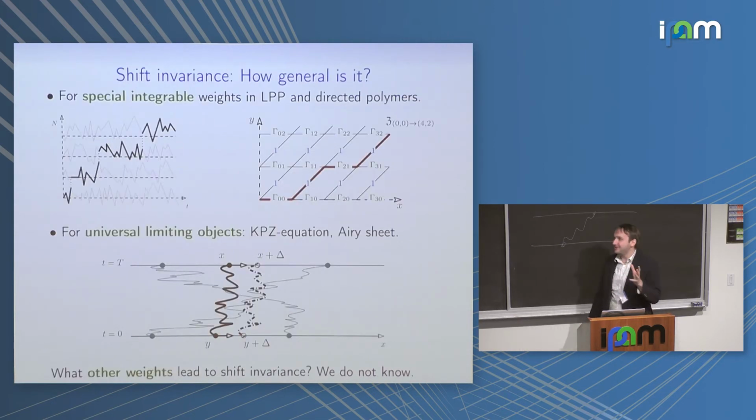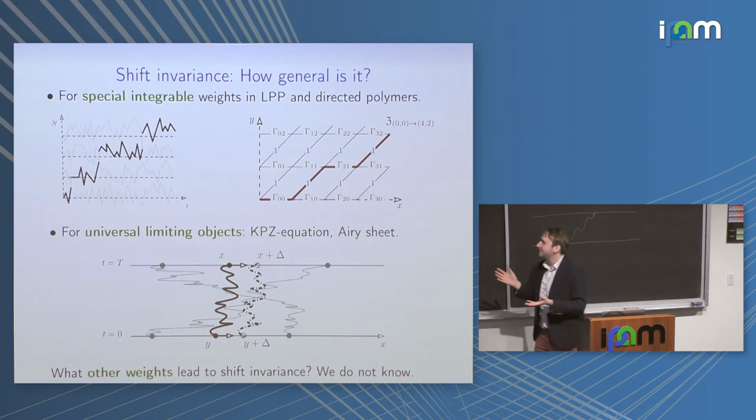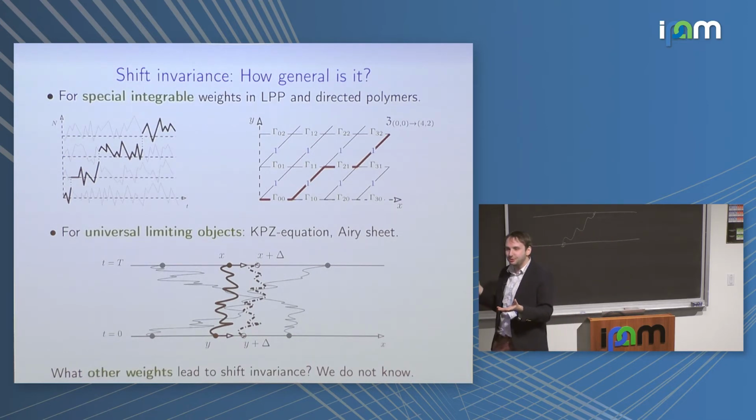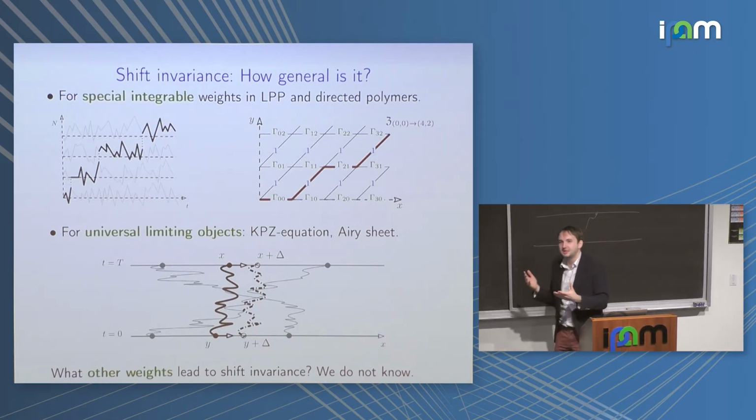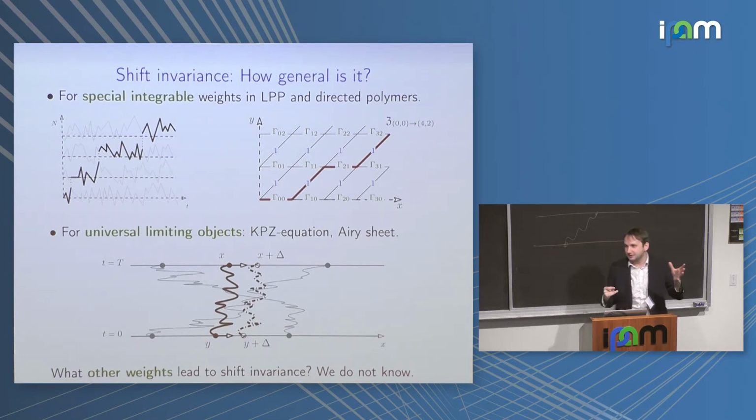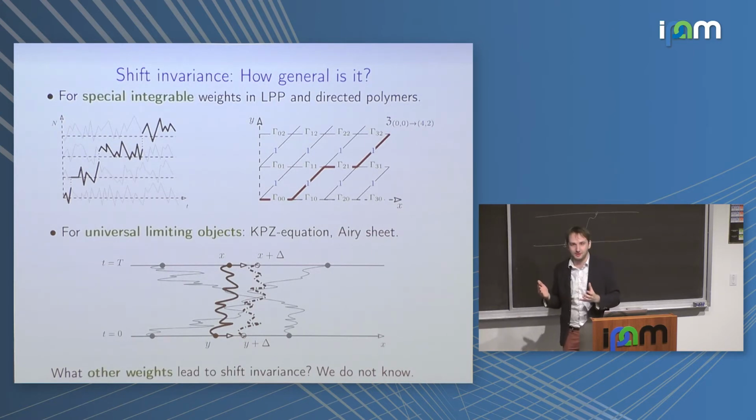Okay, so for now, let's look at the fancy example. You can ask, how general is this shift invariance? What I showed you is that there are some specific integrable weights for which last passage percolations and directed polymers satisfy this shift invariance. And there are some universal objects, like the KPZ equation or the Airy sheet, which also satisfy this shift invariance.